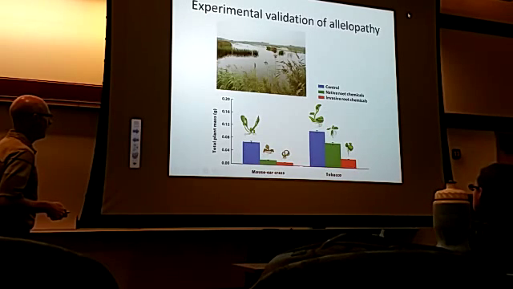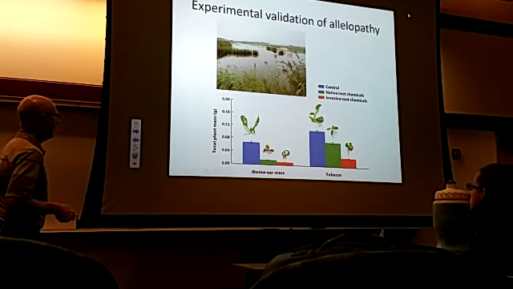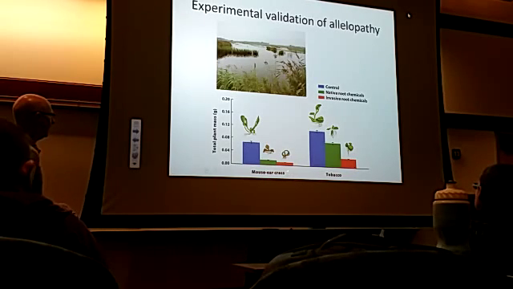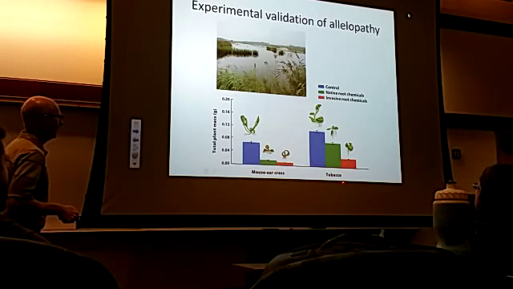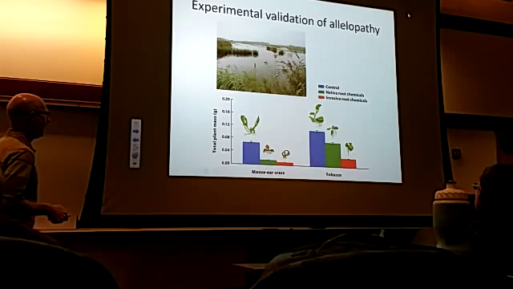And then you've got the effect of the native root chemicals and the invasive plant with allelopathic capacities. And it's the mouse-ear cress that's affecting overall plant growth. And then you've got the effect on the tobacco growth.